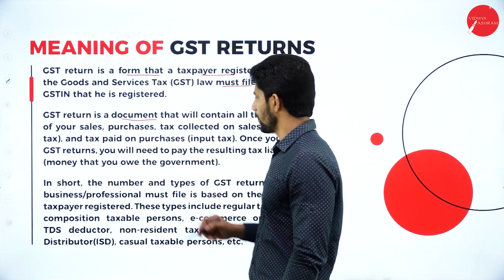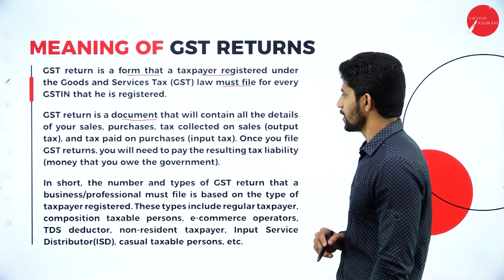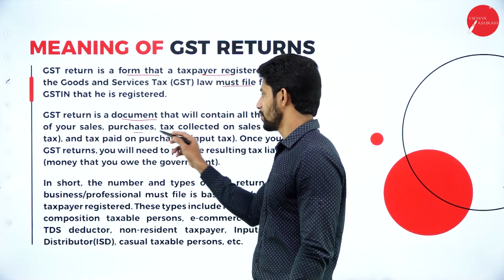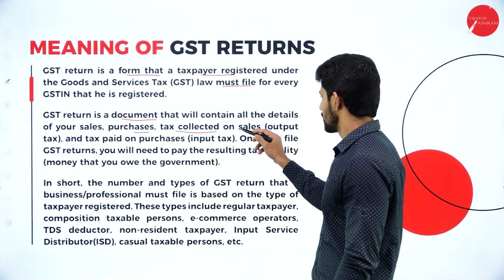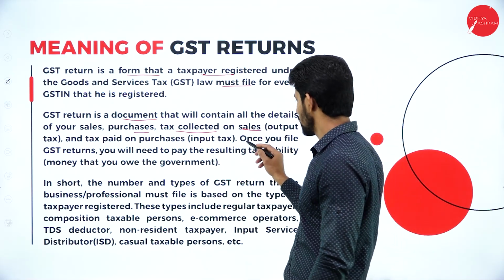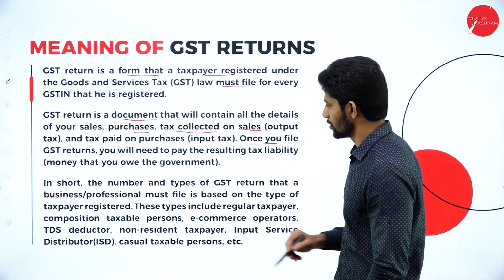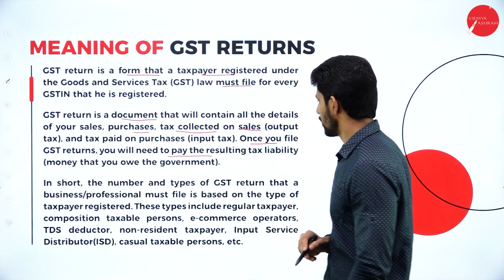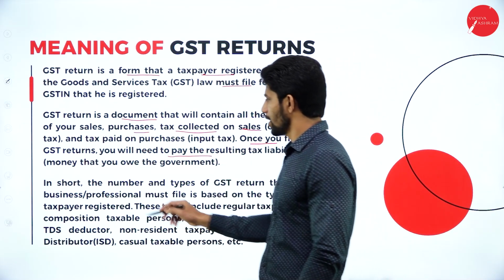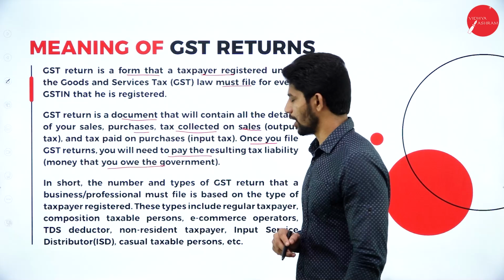GST return is a document that will contain all the details of your sales, purchase, tax collected on sales and tax paid on purchase. Once you file GST returns, you will need to pay the resulting tax liability, that is money that you owe the government.